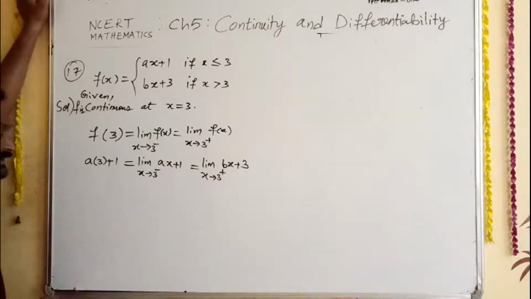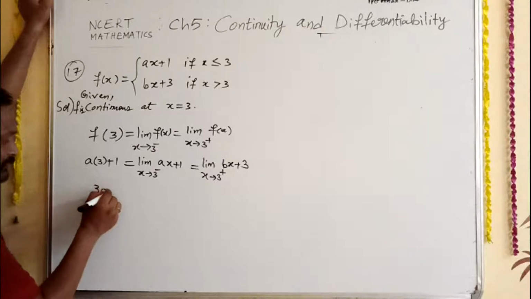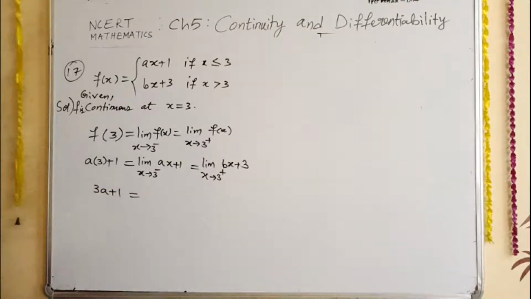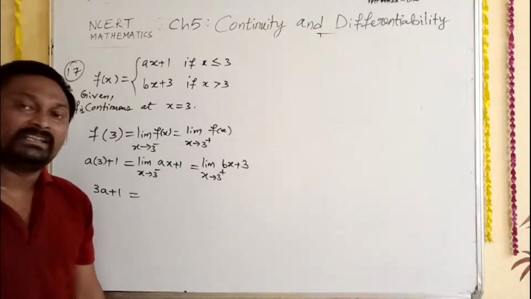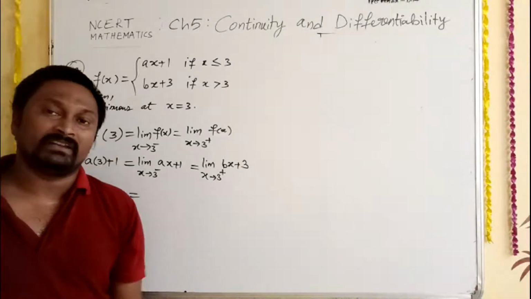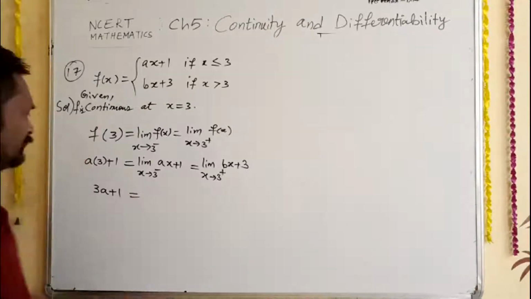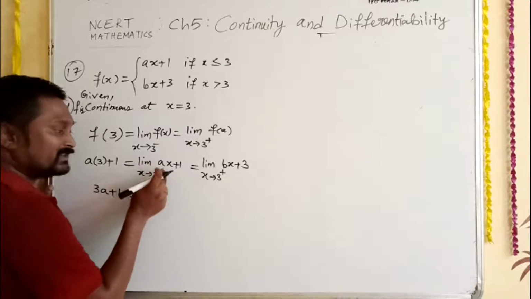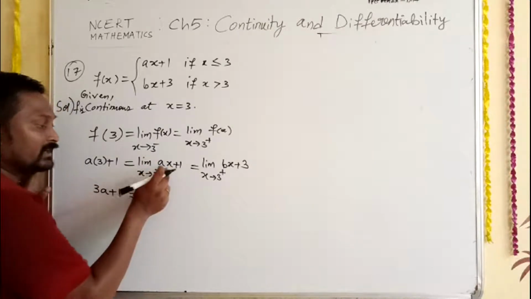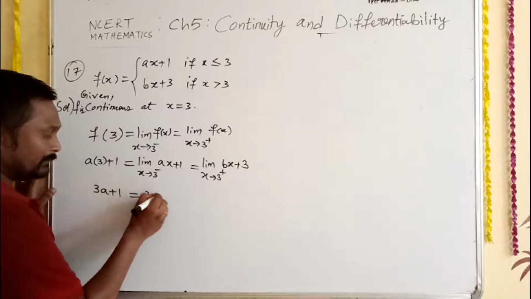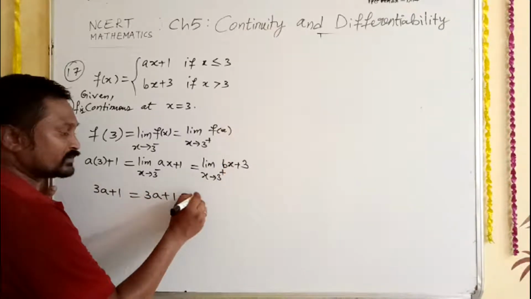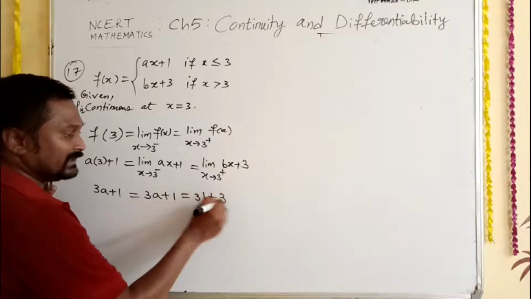Easily you will get it. So now 3a plus 1, because they said just find the relationship between a and b. They did not say find the values of a and b. It is very easy to find. Now remove the limit and wherever x is there, substitute 3. So 3a plus 1 is equal to 3b plus 3.